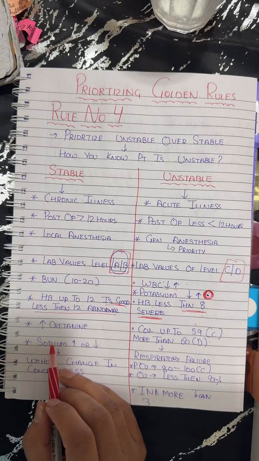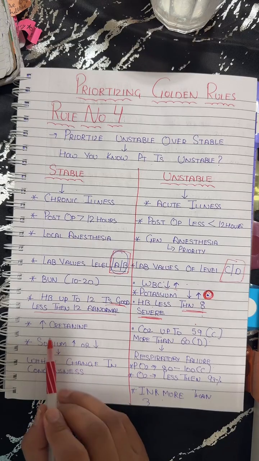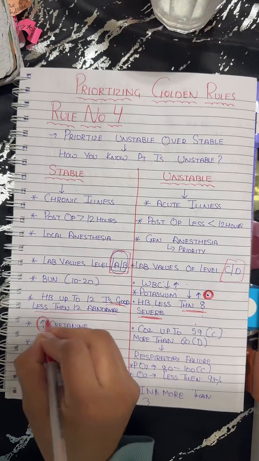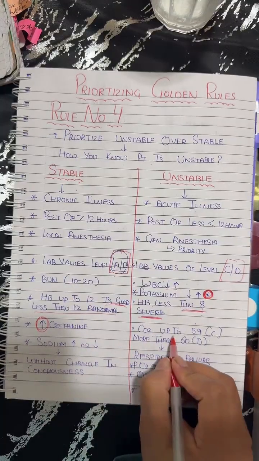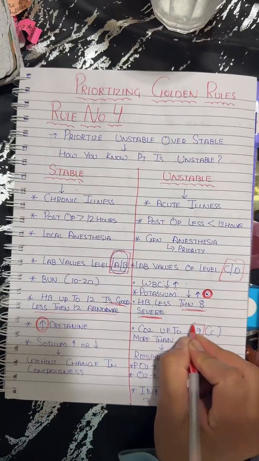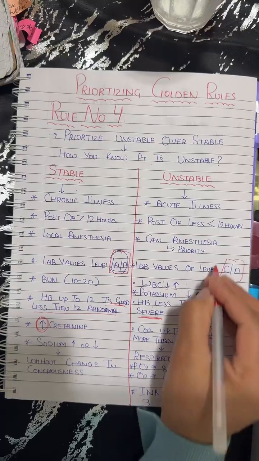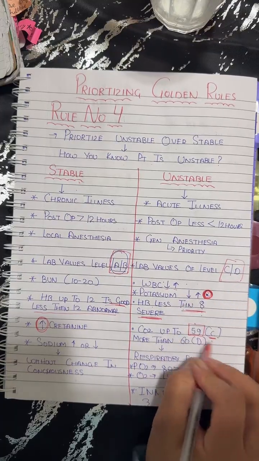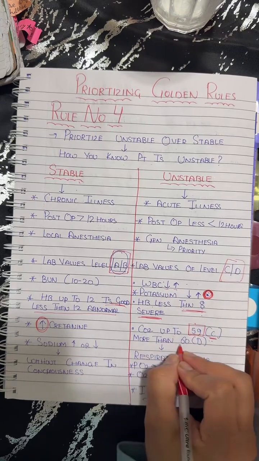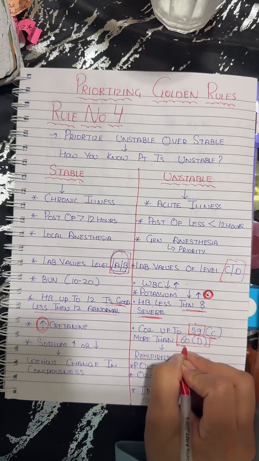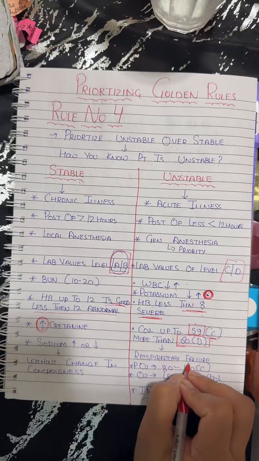And then creatinine, even if increased, is a stable patient. CO2 up to 59: if carbon dioxide is up to 59, then it comes under C lab values, so it is an unstable patient. Or more than 60 comes under D and causes respiratory failure.